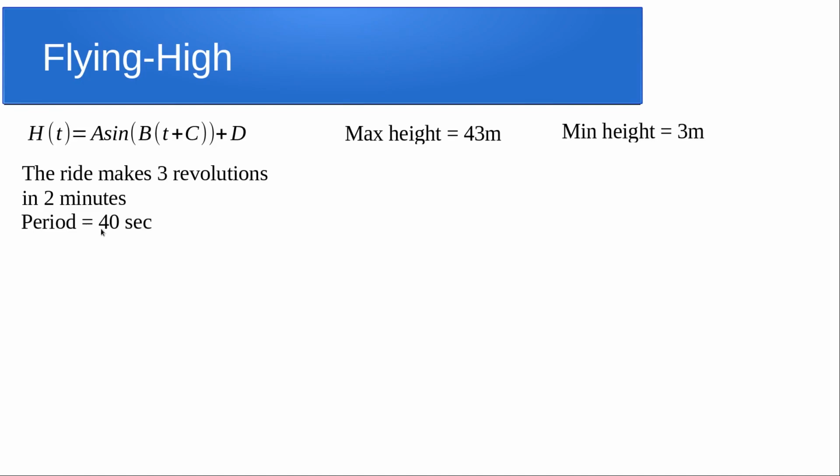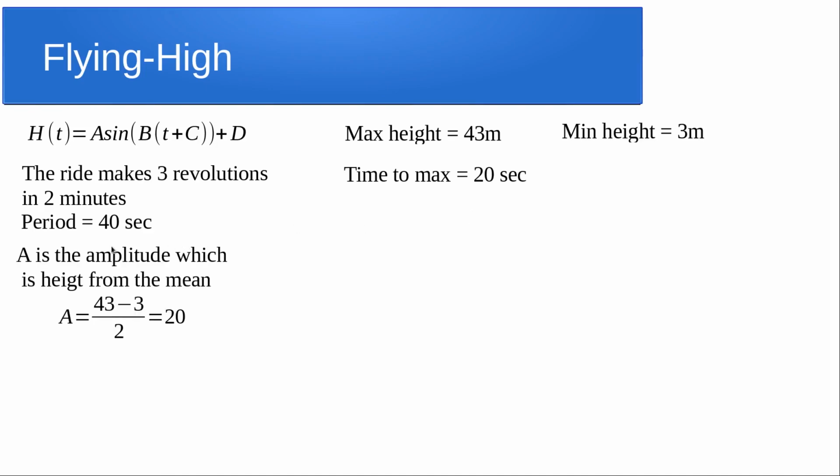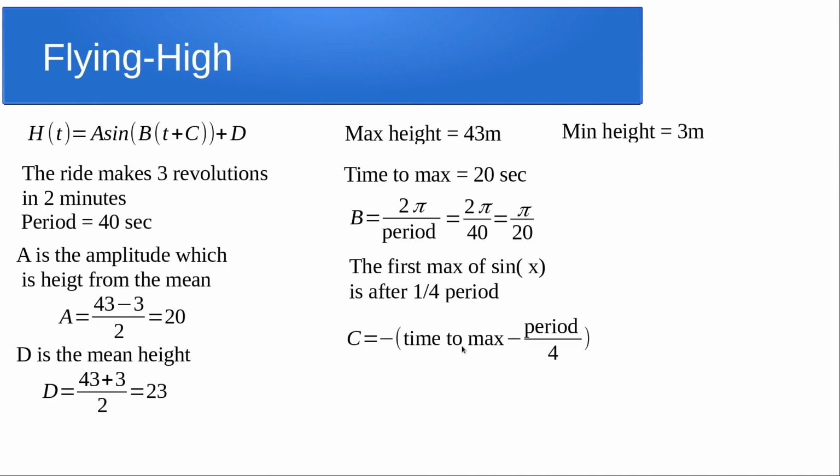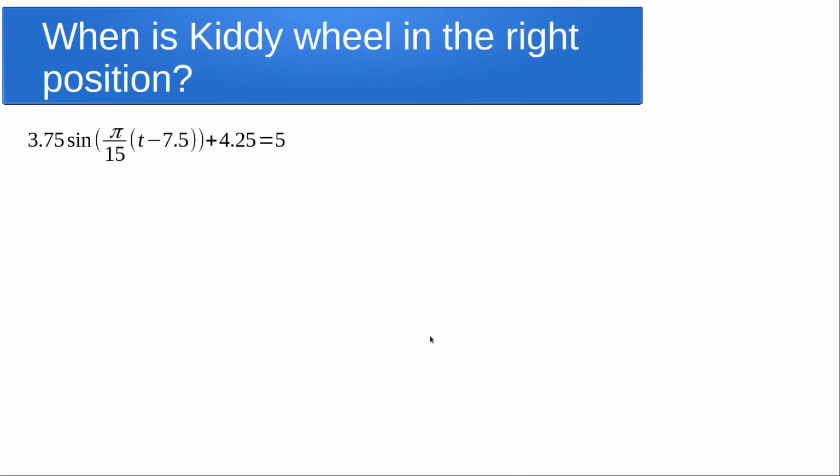Time to the max is going to be half of that then, because it starts at the bottom, so that's 20 seconds. We find A in the same way, B in the same way, and we've still got this piece of information again from last time. So we've got our formula to find C, so we get minus 10, and we have our formula here.